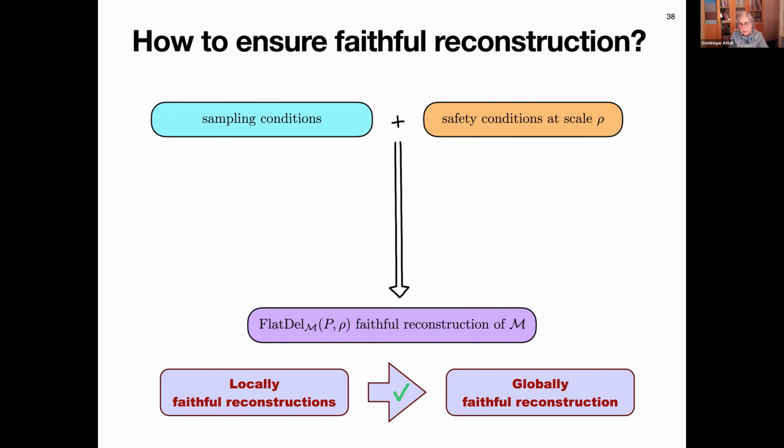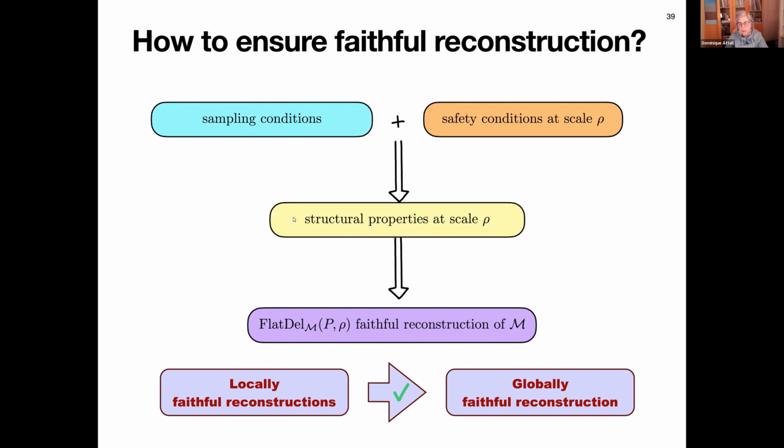So what we did to establish this result is that we first show that starting from the sampling conditions and the safety conditions, we could establish some structural properties, and from those structural properties, deduce that we have a faithful reconstruction. And we were kind of happy with the second proof here because it was kind of short, but I'm going to skip this.